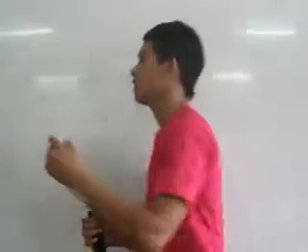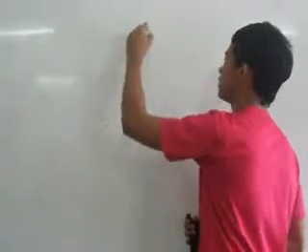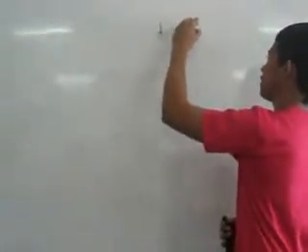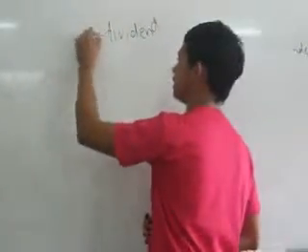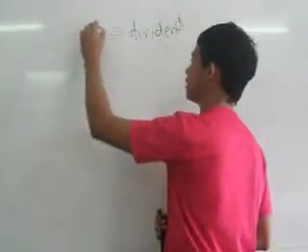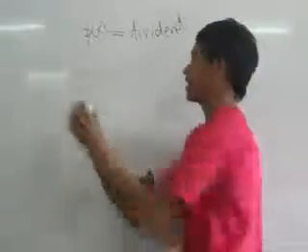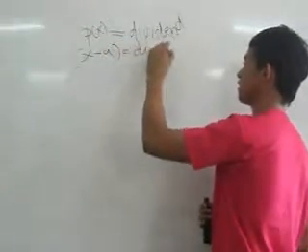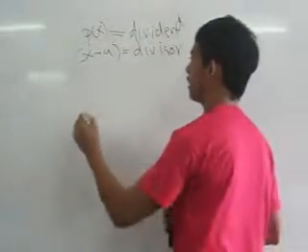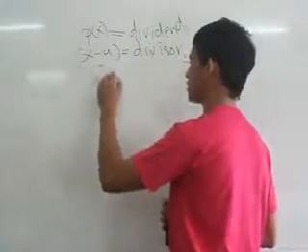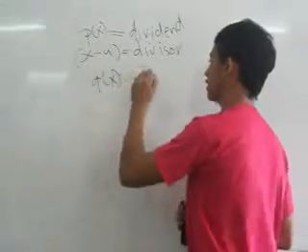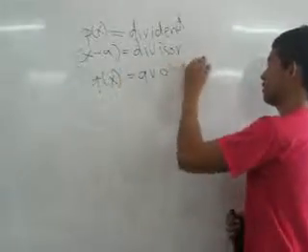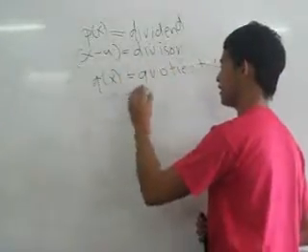So now, before that, I'm going to give a variable to emphasize the dividend. Let's assume that the dividend is P of x, then x minus a would be the divisor, Q of x as the quotient, and R is the remainder.